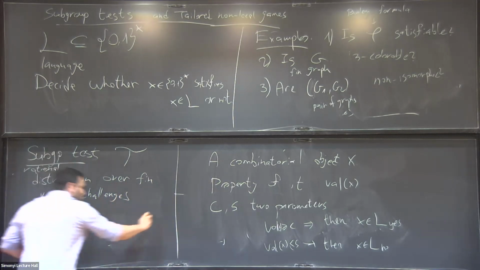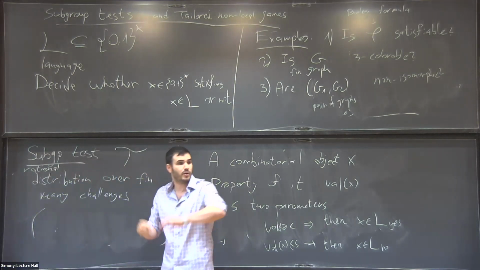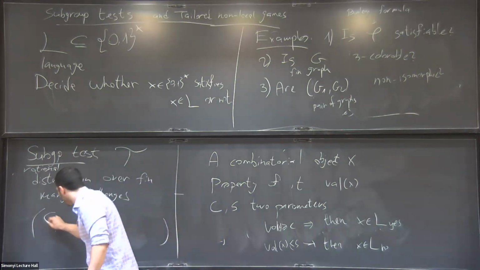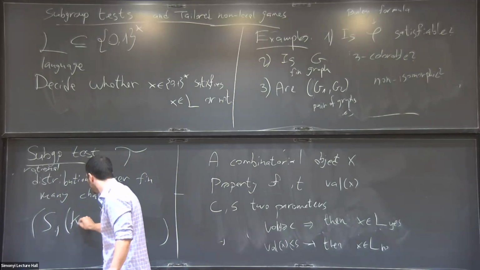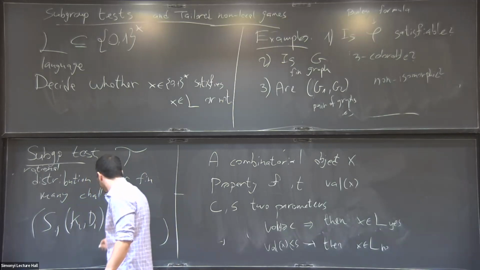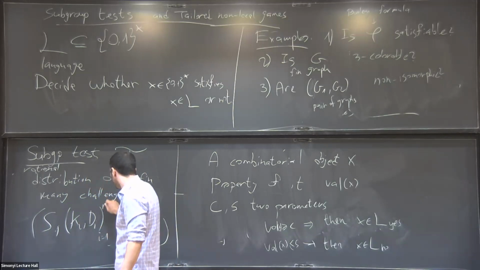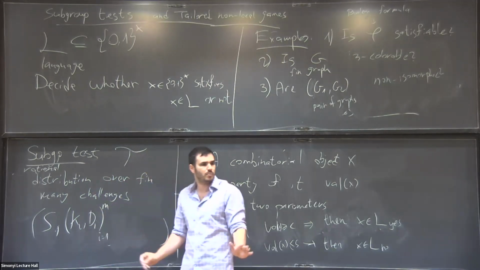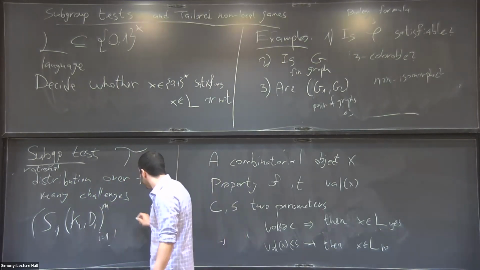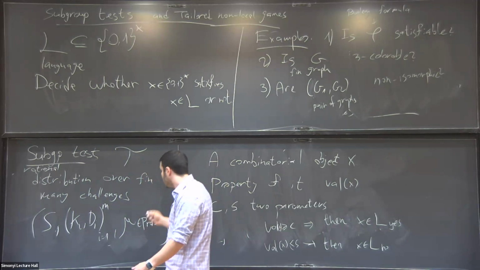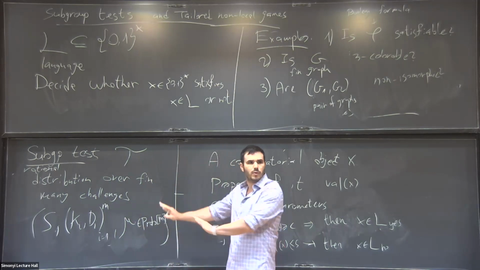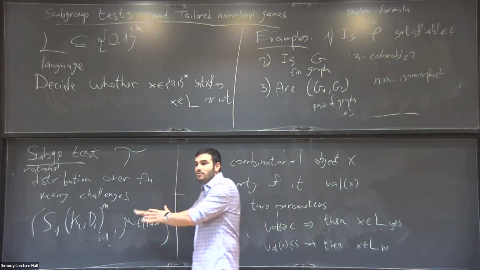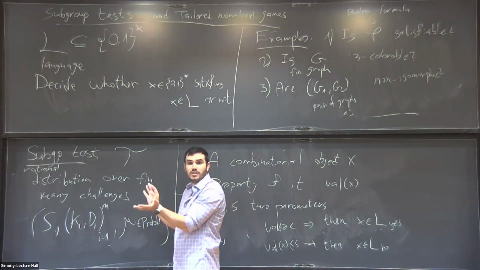If you want to encode it, it's just the following kind of quadruple. You need to give me the alphabet. You need to give me a sequence of challenges, K_i, D_i, where i goes from 1 to m, some finite natural number. And then you need to give me a rational probability distribution mu on the set 1 up to n. That's the way to encode the information that I care about.